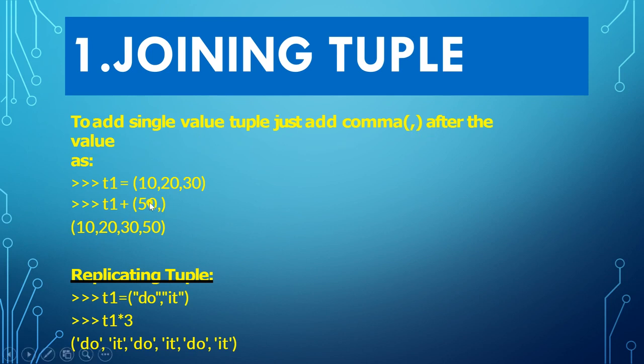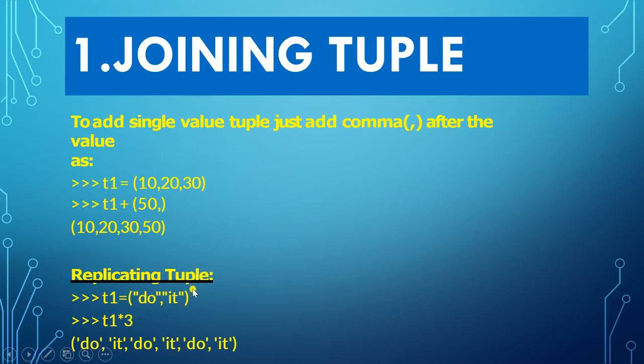We had already seen this in the previous class video. I had shown you by giving an example. Here the same thing happens: T1 is this, now T1 plus 50 comma. Okay, so that this value will get added to T1.